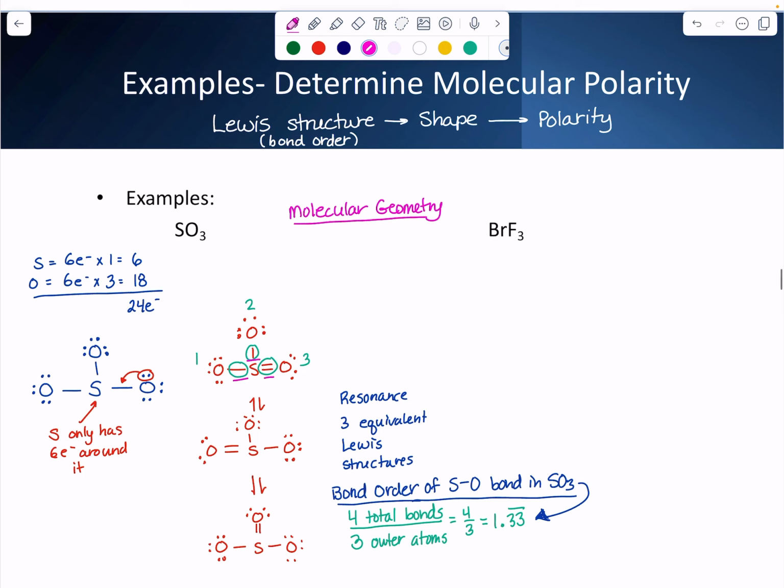So we have 3 structural pairs, and our sulfur does not have any lone pairs. So we have 0 lone pairs. And when we have 3 structural pairs and no lone pairs, what we have is trigonal planar geometry.